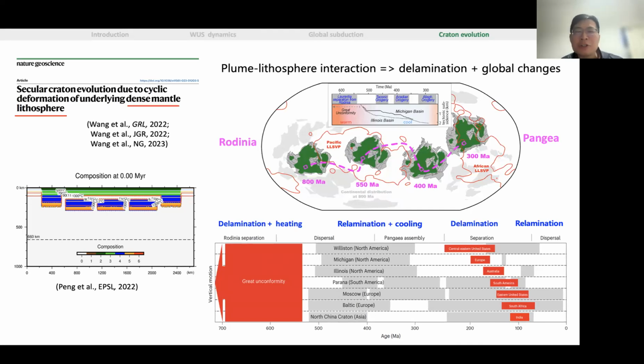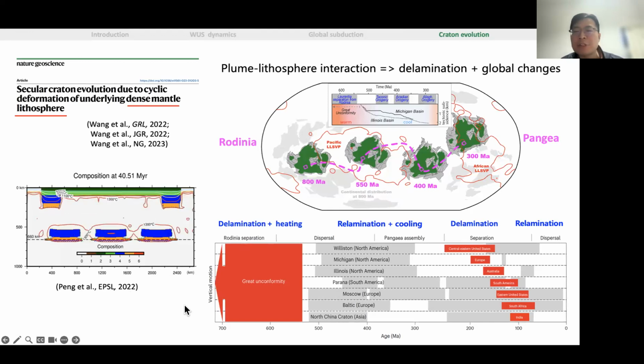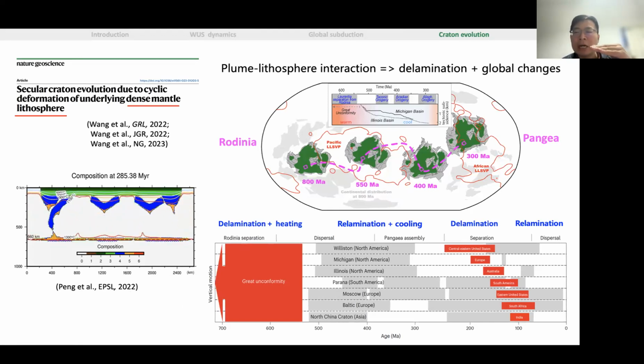According to our understanding, we try to explain this basin subsidence using the gradual restoration, cooling and densification of the lithosphere over time. That's after the delaminated material relaminates, and then it freezes in and starts to cool down the surface.